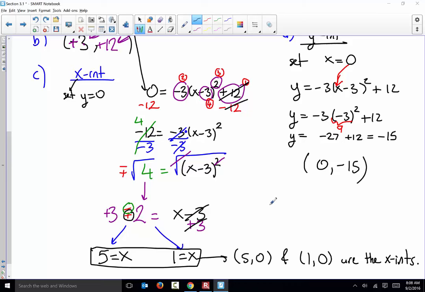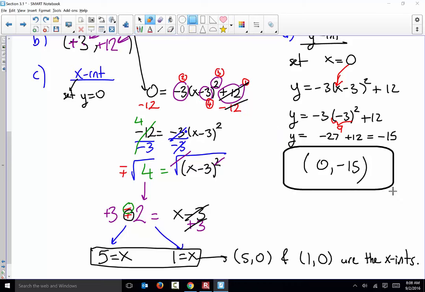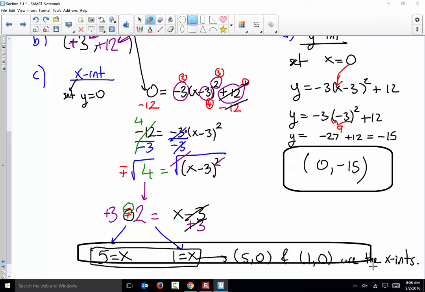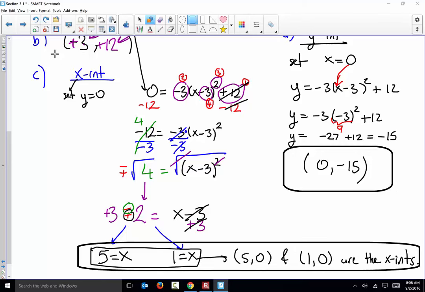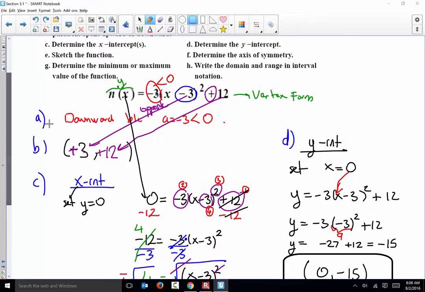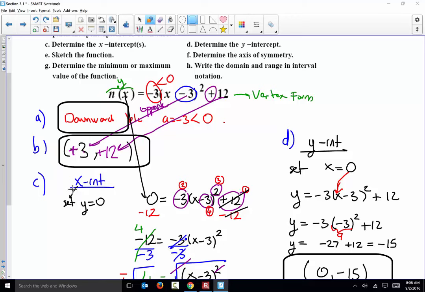Now we are exactly in the halfway. Let me again put things we found so far so you don't lose them. This is y-intercept. These are x-intercepts. This is the seed. We determined it's downward. 4 results.